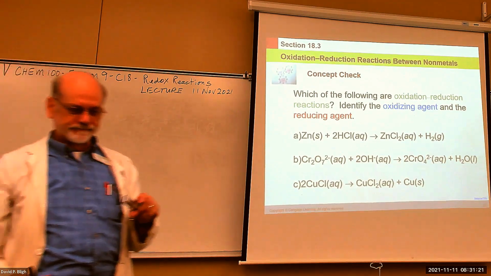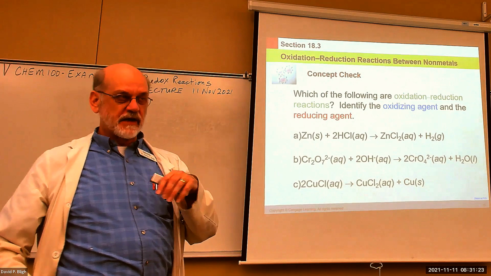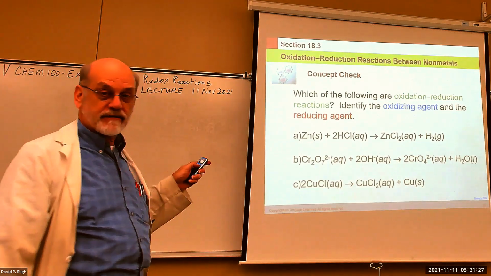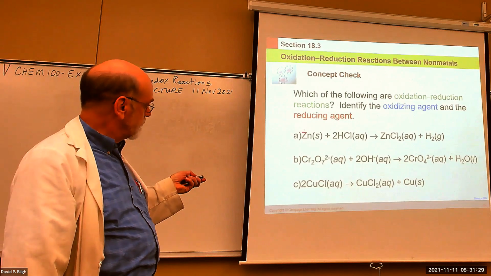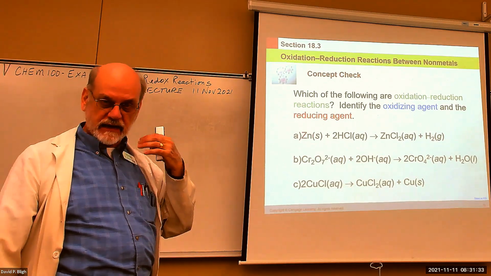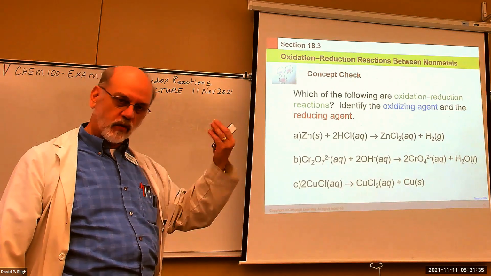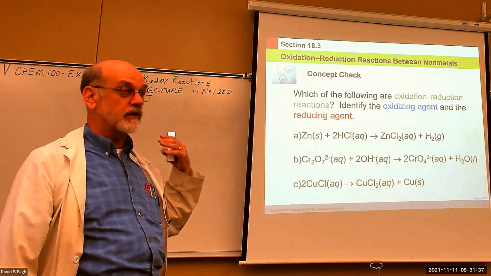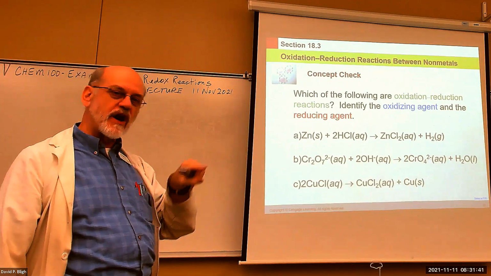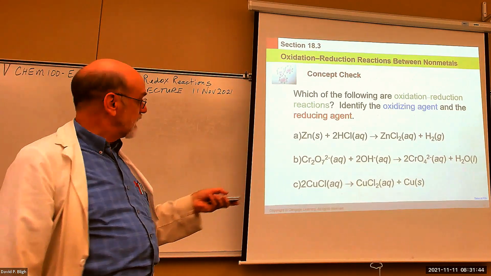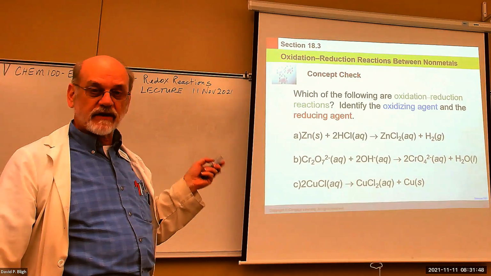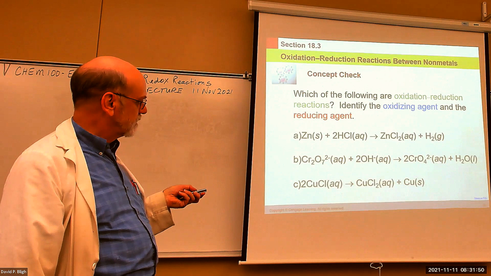Here's a clue. This is a rule of thumb. If you have a neutral atom, an element on one side, either a reactant or a product, doesn't matter, then you look to the other side of the equation. In this case, we have that element on the reactant side. Look on the product side. Where is it?